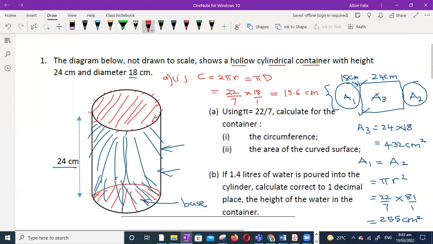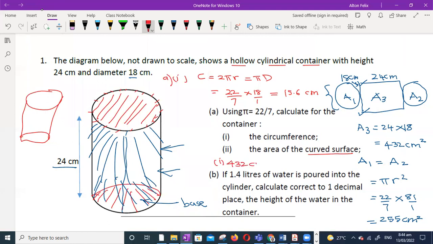Now, if the assumption is that it is hollow without a cover as well as a base, if it is a hollow cylinder, like a PVC pipe, then the area of the curved surface will only be 432 centimeters square.